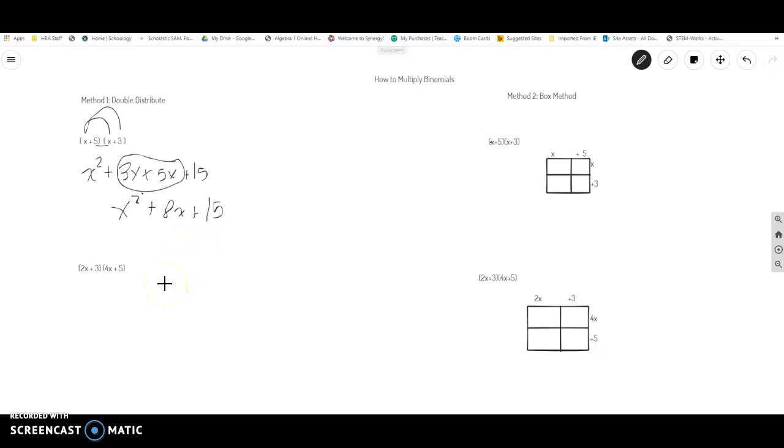We're going to follow the same principle down here with our 2x plus 3 and our 4x plus 5. So we're going to do 2x times 4x, and that's going to give us 8x squared. The 2x times the 5 is going to give us a 10x.